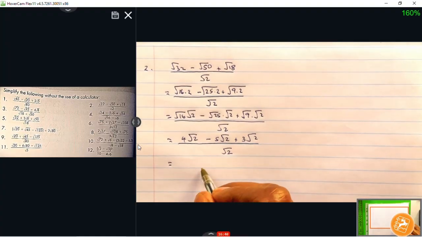It means I'll have 2 root 2. That's one way of doing it. Okay. Then here you will be left with a division. The denominator and the numerator have the same factor. They divide into each other. I'm left with 2. Then you are done.